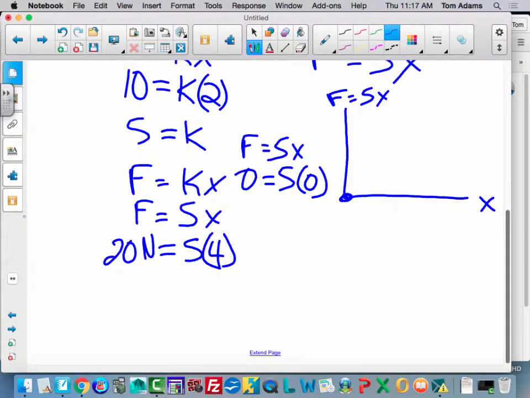So I've got this point here, which is 0, 0. Then at 2 meters, I've got 10 newtons. At 4 meters, I've got 20.